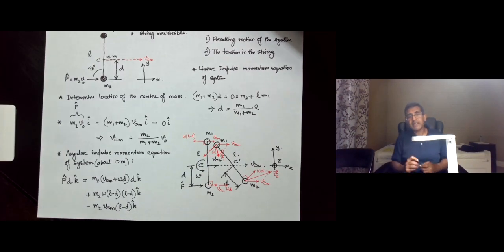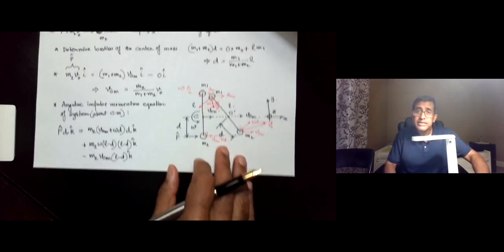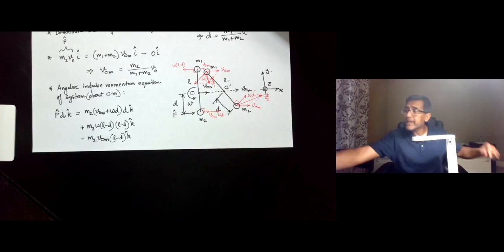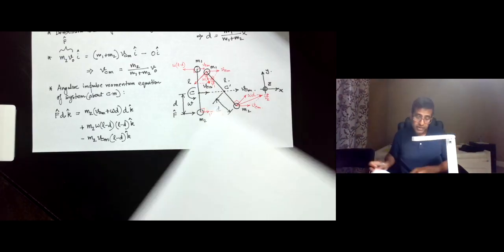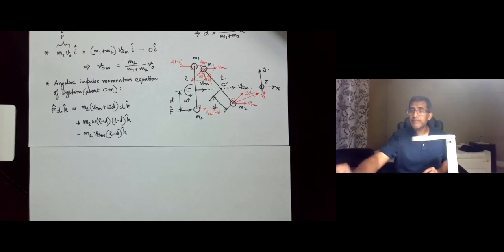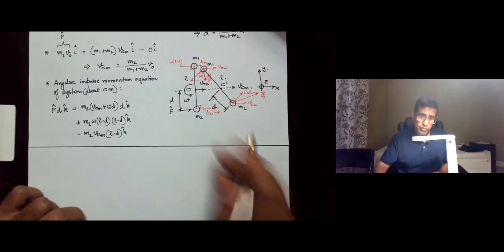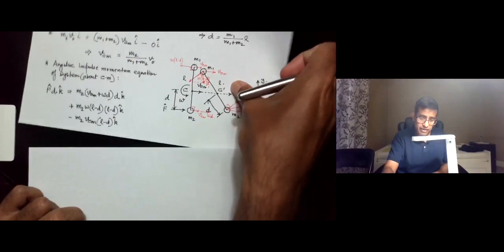So this is the net angular impulse momentum equation that can be written for this system of particles right at the instant when the impulse is applied.